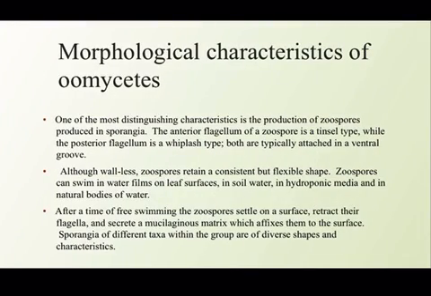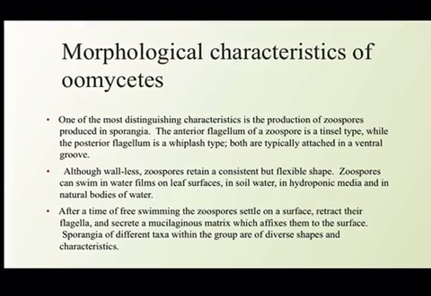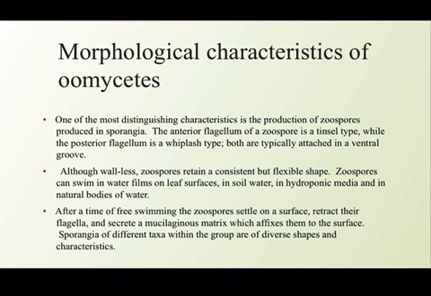Coming to the next slide, morphological characteristics of oomycetes. Basically, one of the most distinguishing characteristics is the production of zoospores in the sporangia. The anterior flagellum of the zoospore is tinsel type, while the posterior flagellum is whiplash type. Both are typically attached in the ventral groove. Although wall-less, zoospores retain a consistent but flexible shape.